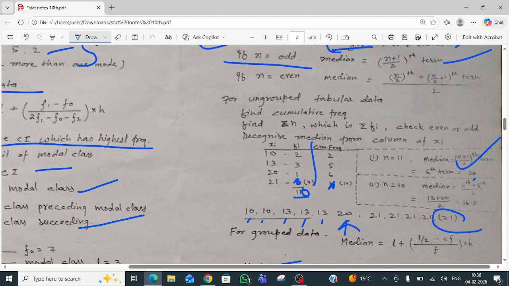So fifth and sixth are in the middle. We can devise a formula: the n by 2th term and the (n plus 2) by 2th term. So fifth plus sixth term divided by 2, the average of those two terms, so 16.5. And you can see here also, you can arrange this data in a normal straight line order, in increasing order, and you can find the median.